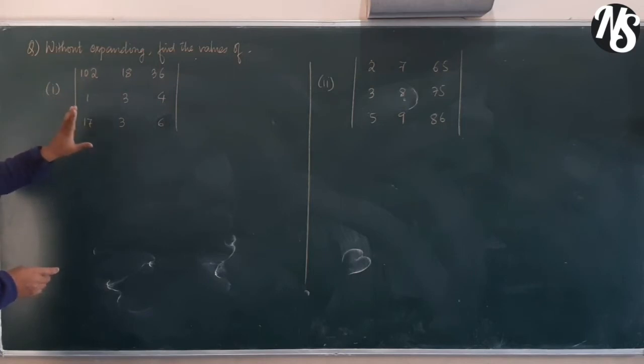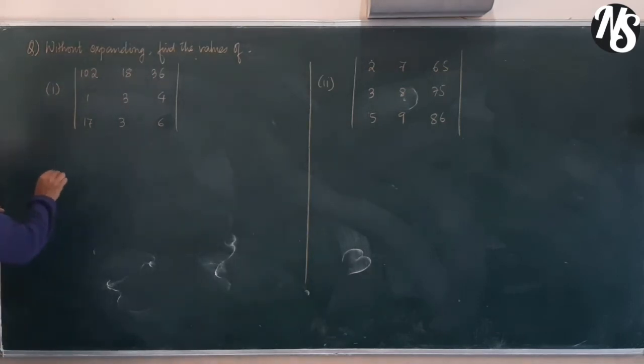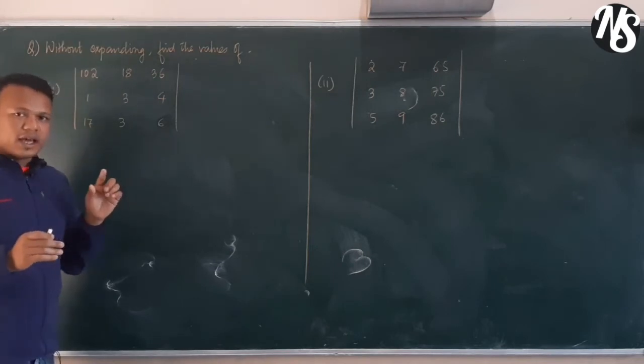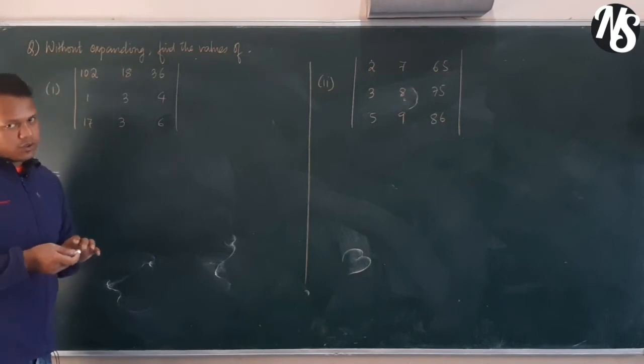Not 7, just wait a minute. Can I take 6 common? Let's see. Basically, what I am trying to do here is see whether 2 rows or 2 columns are proportional or not.